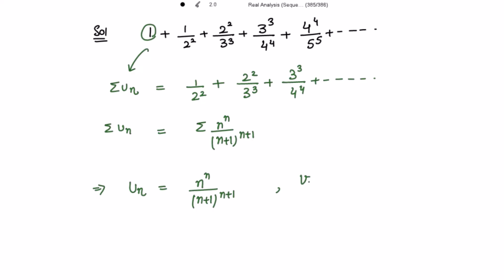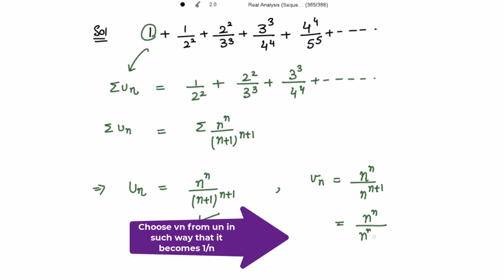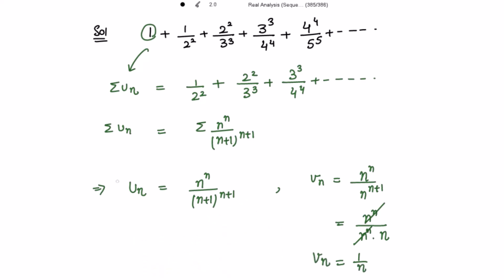We have to choose our vn, with the same numerator n to the power n, and we have to guess vn from this: n to the power n divided by n to the power n plus 1. This is equal to n to the power n divided by n to the power n into n. So cancelling this, we get vn equal to 1 by n. This is un and this is vn. We try to make vn 1 by n only, from this un.